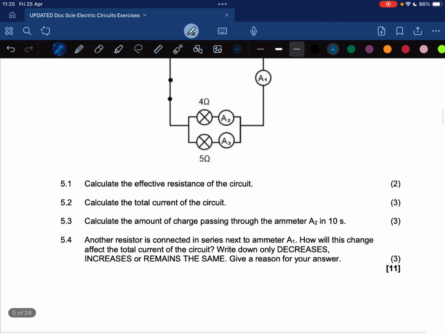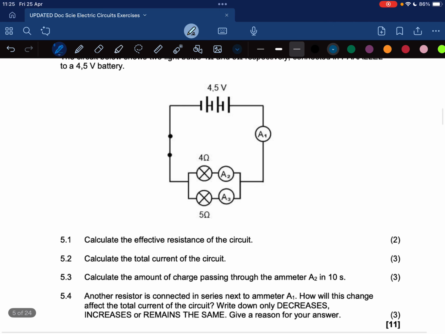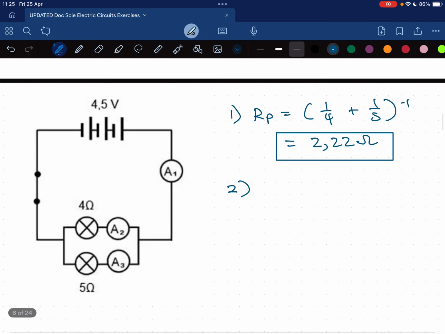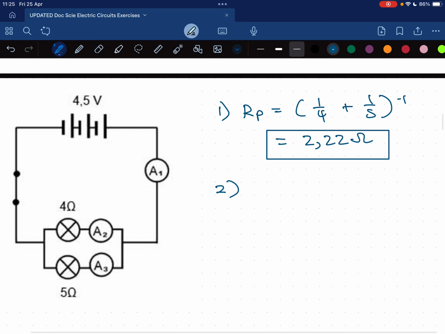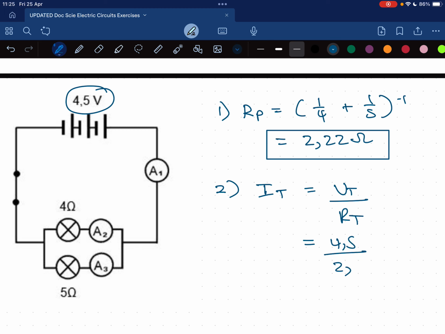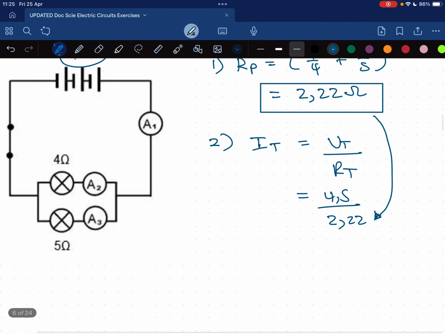Number 2, it says calculate the total current of the circuit. Okay, well, I just found the total resistance. I know the total voltage. So I can say, well, total current is equal to V total over R total, which is 4.5 over 2.22, which I just calculated. So that would give me an answer of 2.03 amps.